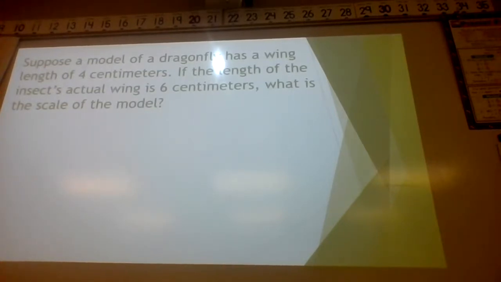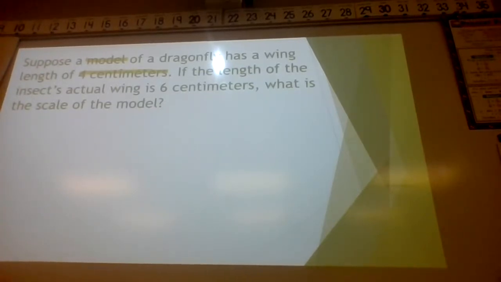So what's important? The model is 4 centimeters. Is it important to know that it's a model? Yeah. Okay, so we have that the model is 4 centimeters. What else do we need to know?